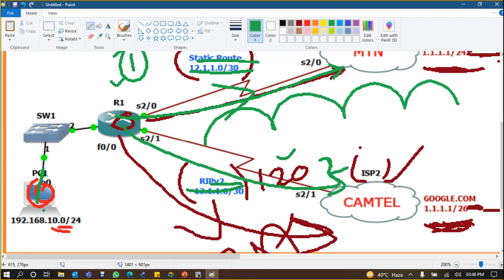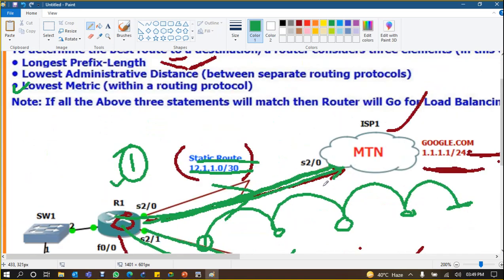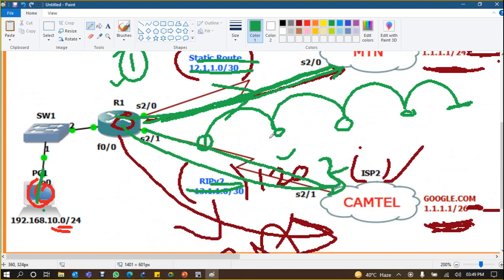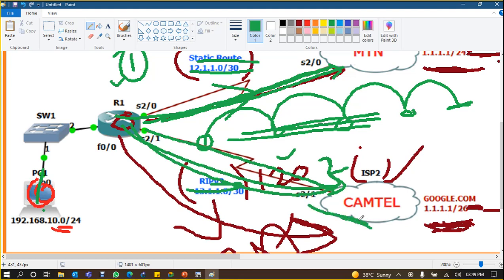Hops means how many gateways I'm crossing to reach the destination. If it is different, say here they have multiple gateways and here a single gateway, it will prefer this path.